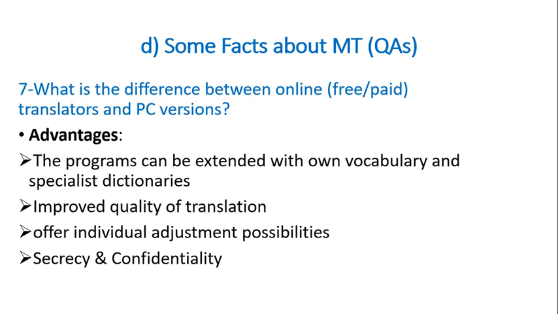There are many advantages. These programs can be extended with your own vocabulary and specialist dictionaries. The more you translate, the more you build that PC version for your own future use. Improved quality of translation is another advantage. They offer individual adjustment possibilities.